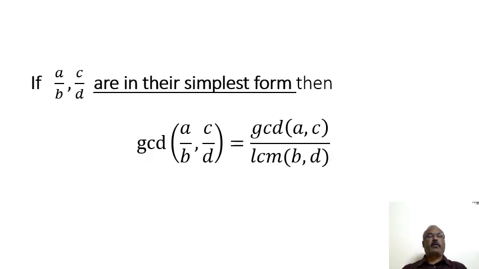If a over b and c over d are in their simplest form, then GCD of a over b and c over d equals GCD of a and c over LCM of b and d.